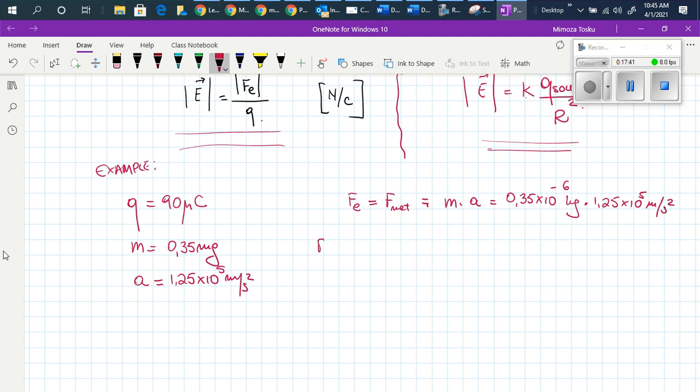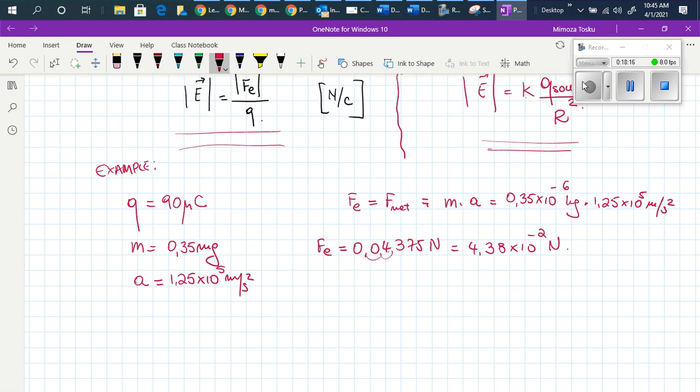So the electric force, based on the calculations on your calculator, will be 0.04375 newtons, or you can say it is 4.38 times 10 to the power of negative 2 newtons.